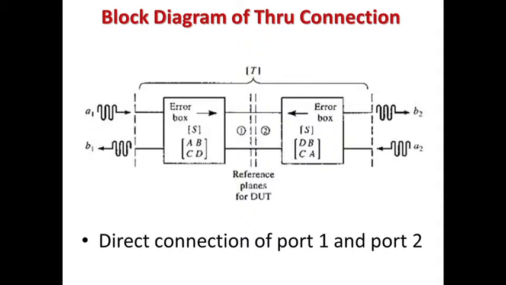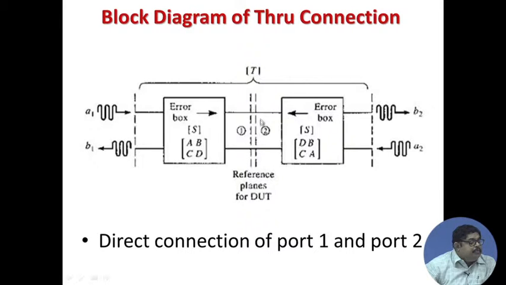Now, first let us see the block diagram of a through connection. Now, you see that port 1 and port 2 are put together. Obviously, this is the actual inside reference plane of the network analyzer, which is its ports inside.